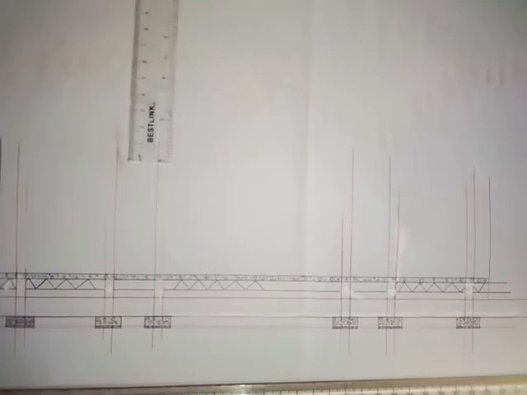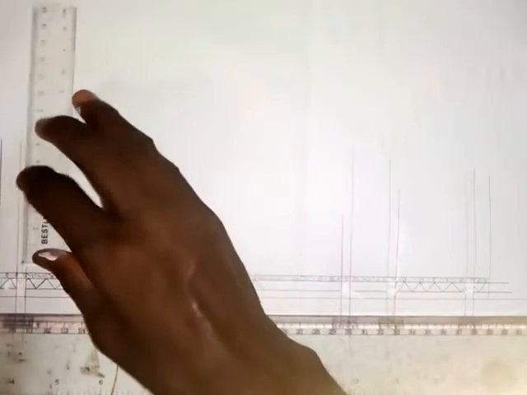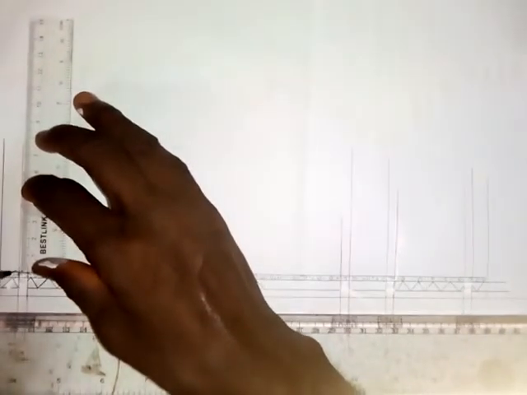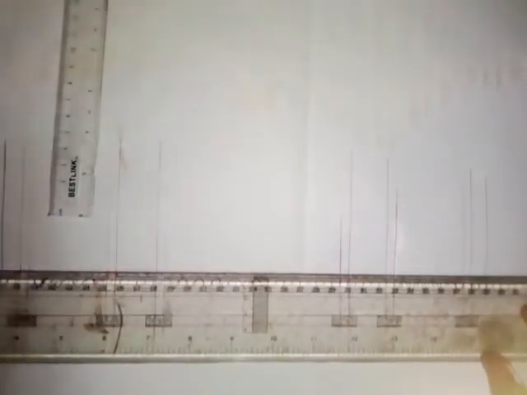The next is the mortar screed. Its thickness is 25 millimeters. 25 by 50 will give us 0.5, so I can just make that 1 millimeter for the mortar screed. I'll take 1 millimeter above the concrete slab, then draw a horizontal line.